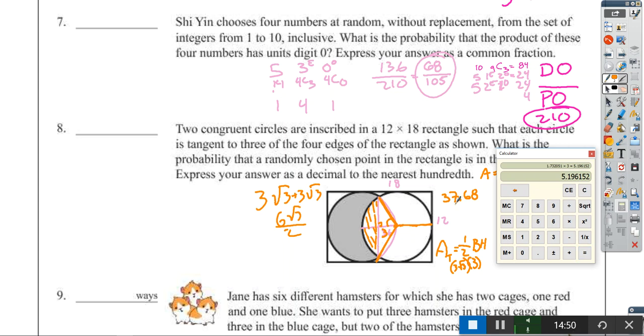So I'm going to subtract out, I'm going to make that a negative. I'm going to add my 37.68.